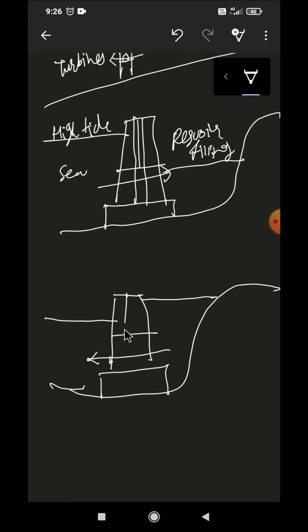Same diagram. So this is low tide or ebb tide. This is sea, reservoir emptying.